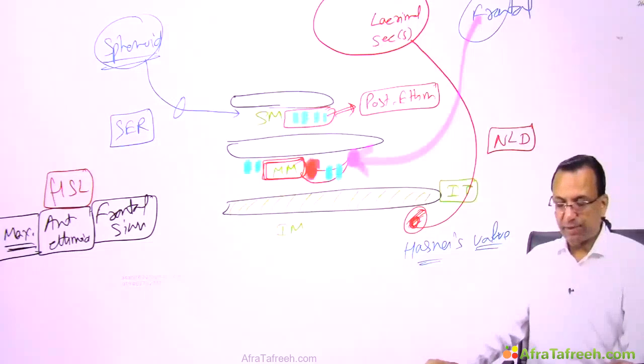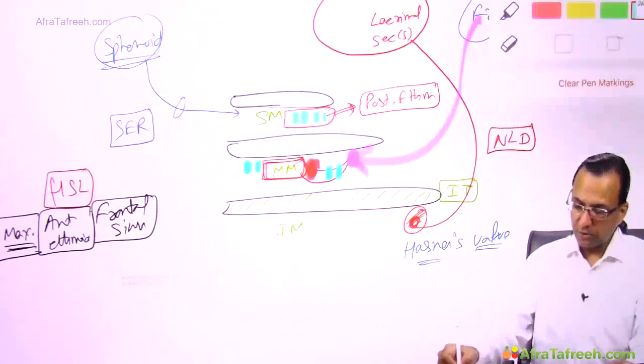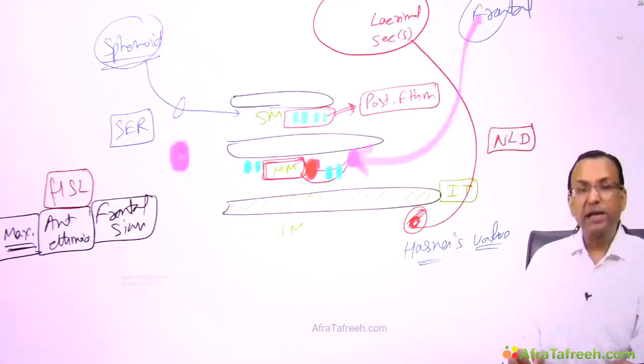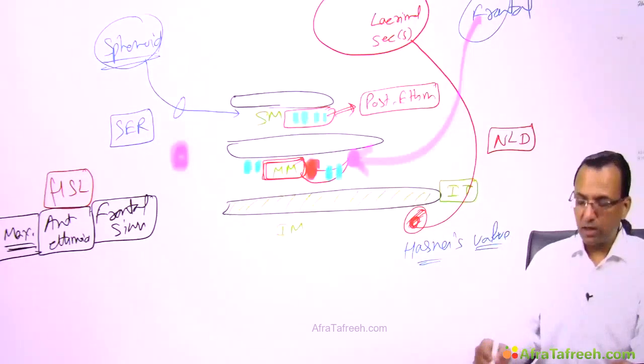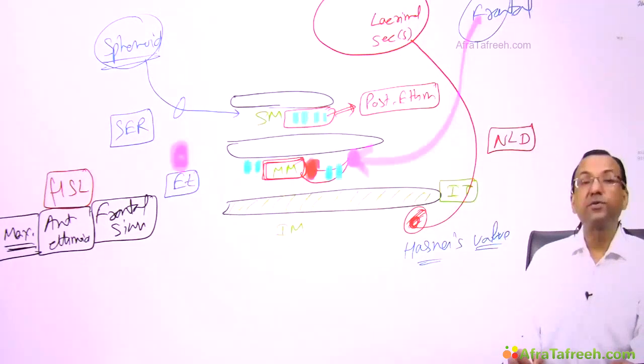So these are some openings. You also talked about the eustachian tube. What about that? The opening of the eustachian tube is behind the inferior turbinate. In the nasal cavity? No, not in the nasal cavity. It is behind the nasal cavity, in the nasopharynx.